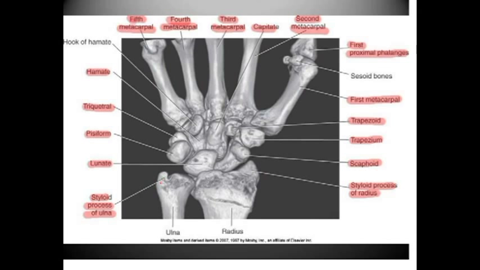So we see, starting with the radius and ulna, we have the styloid process and the styloid process.